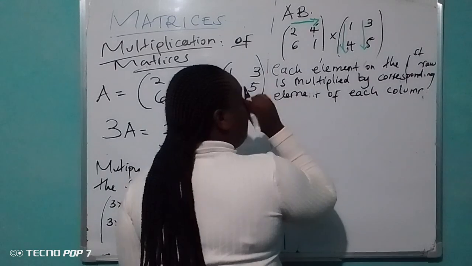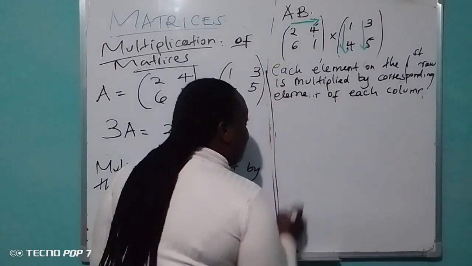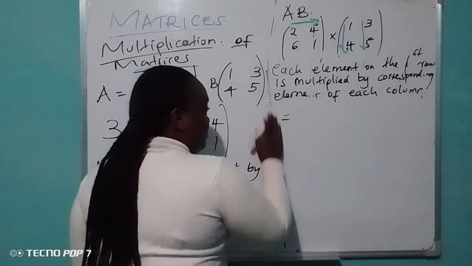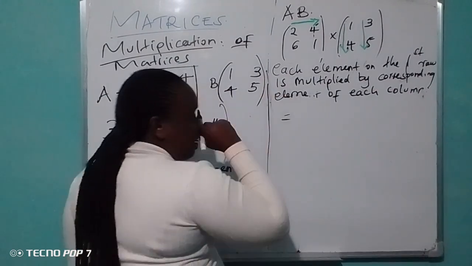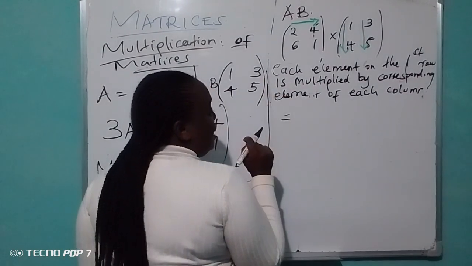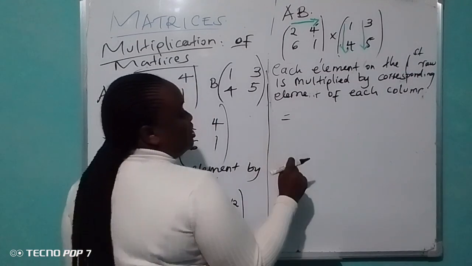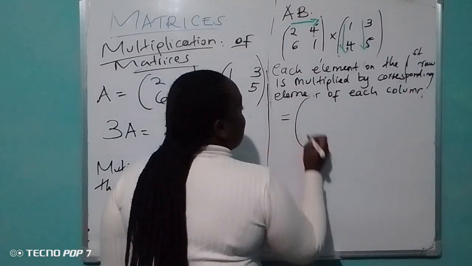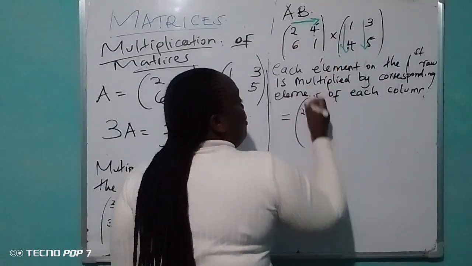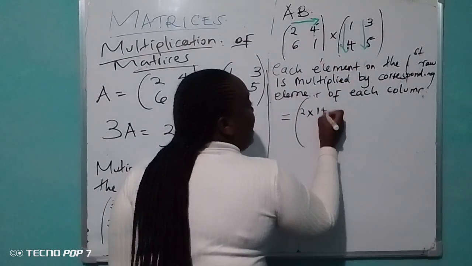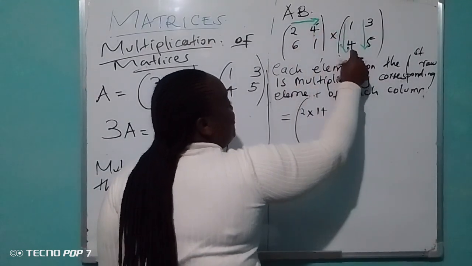We have said elements of the first row times corresponding elements of each column. So in this case, we start with 2. It is 2 times 1 plus 4 times 4.